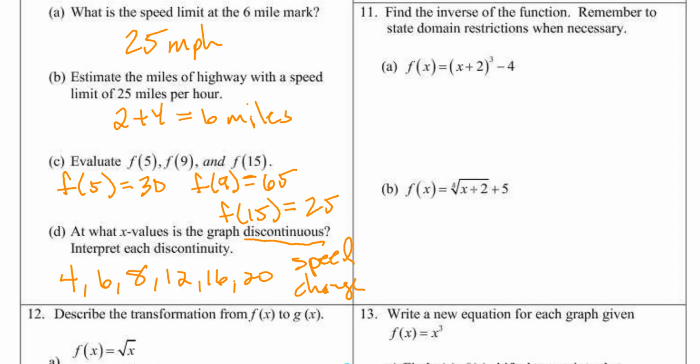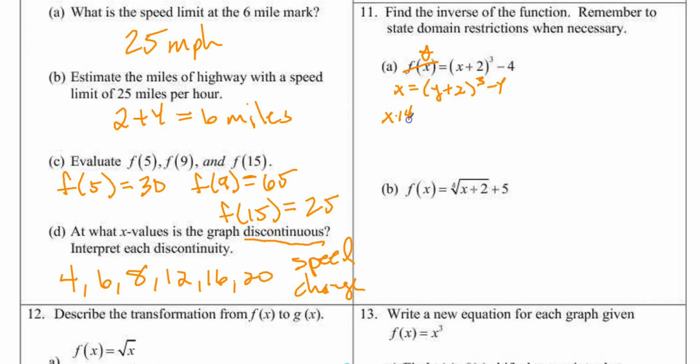Alright, find the inverse of the function. And remember, whenever we're manipulating functions, we have to worry about the domain. So if we look at a, remember the rules for finding the inverse. We're going to replace the f of x with a y. Then we're going to switch x and y. So I'm going to have x equals y plus 2 cubed minus 4. And I'm going to continue to solve this out. So I'm going to add the 4.